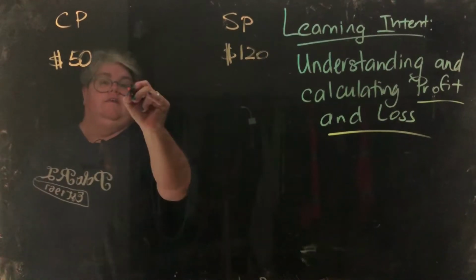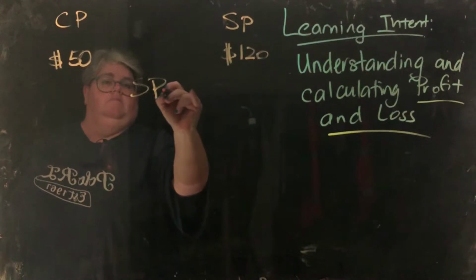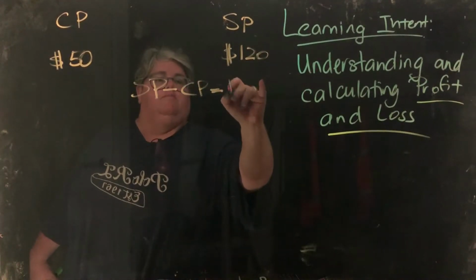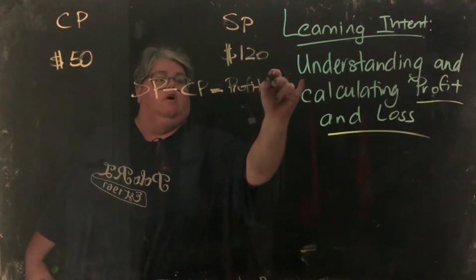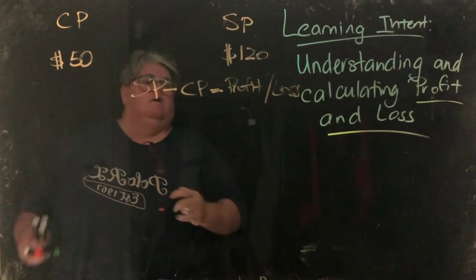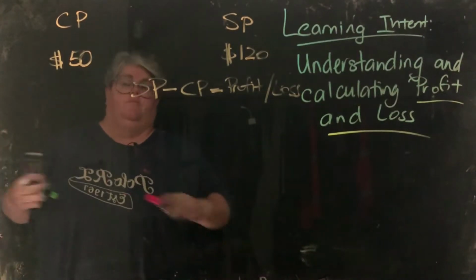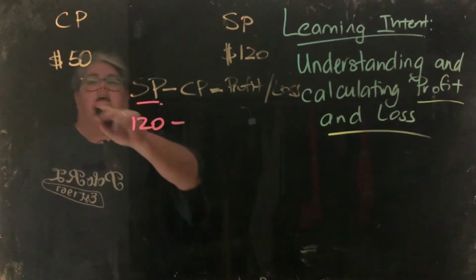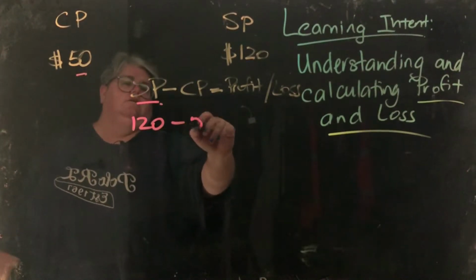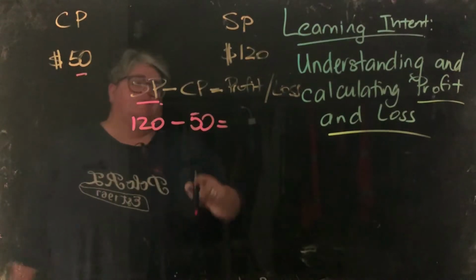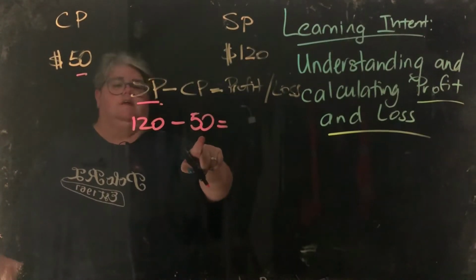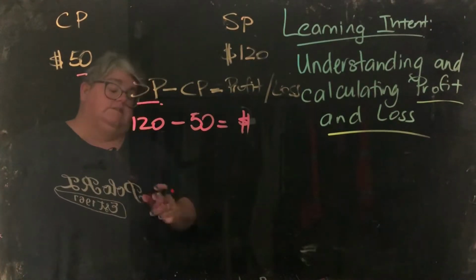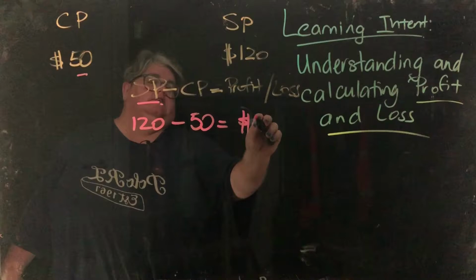Remember before, we need to have our sales price take our cost price, which will give us our profit or loss, depending on how we've gone. So our sales price here is $120, take our cost price of $50. Because it costs us less than what we're selling for, our profit is now $70.